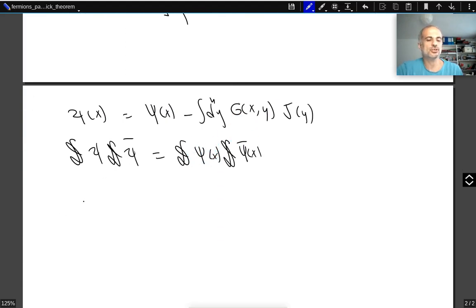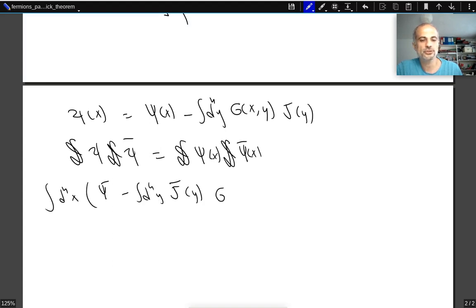Now with this change, we have the exponent is the integral d^4x epsilon bar minus d^4y j bar of y, g tilde x, y.